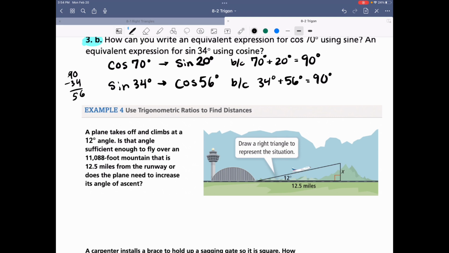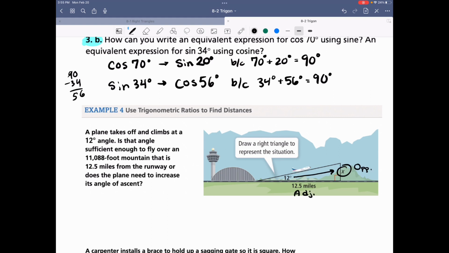And they're telling us to draw a right triangle to represent the situation, which if they don't give you a picture, you should always do that. So we're trying to figure out what x is, and x is opposite of the angle, and 12.5 miles is adjacent to the angle.